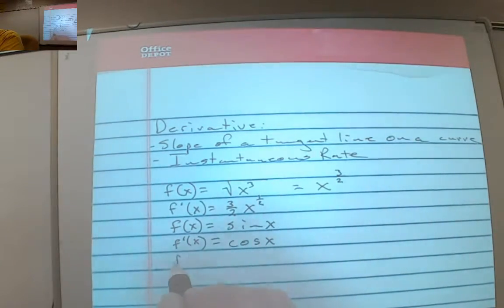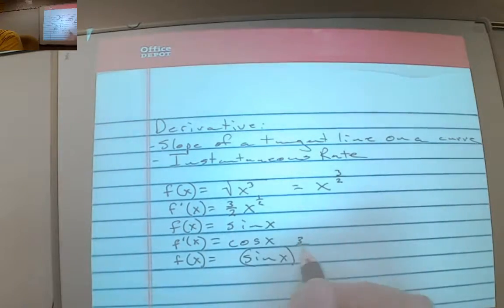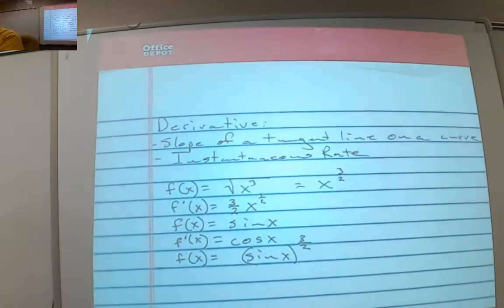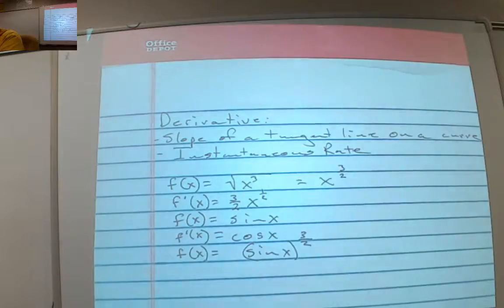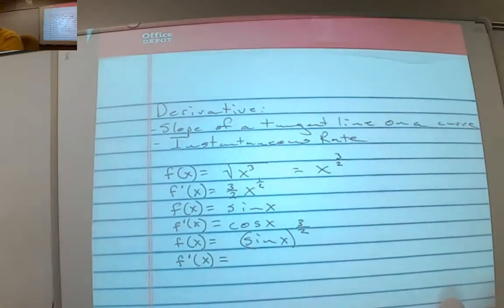Cooper, I'm going to give you this one. How would you do that one? For that, you have to use chain rule. Chain rule.